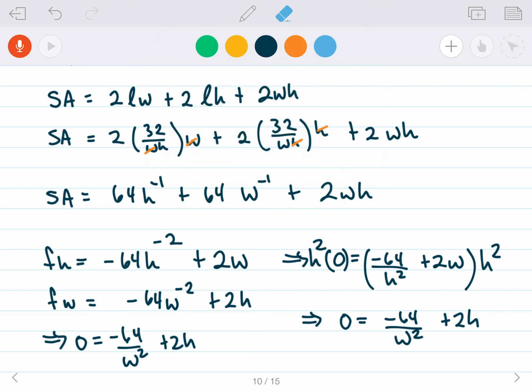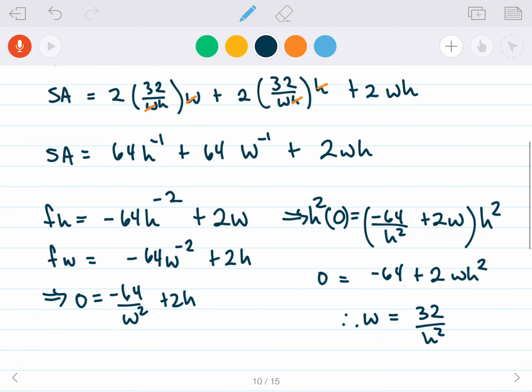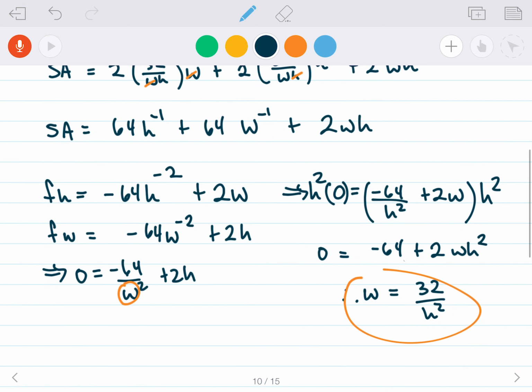If I multiply the first by h squared, I get 0 equals negative 64 plus 2wh squared, and when I rearrange, I get w equals 32 over h squared. Now I can plug this into the other equation, and I end up getting 0 equals negative 64 over (32 over h squared) plus 2h.